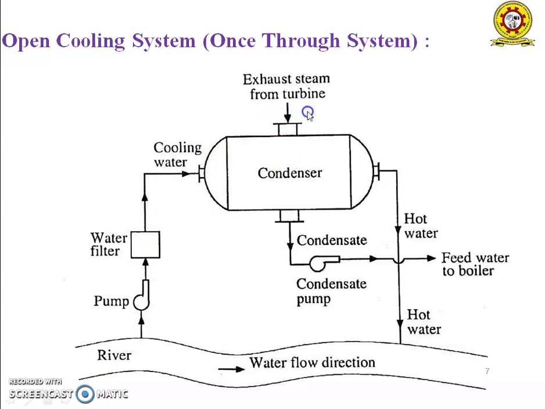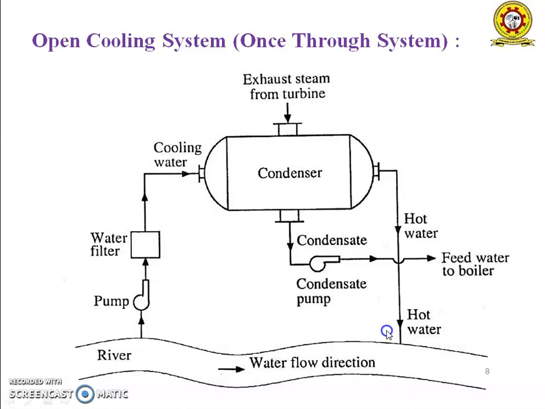The steam temperature reduces and it is converted into water, and the cooling water temperature increases and it is converted into hot water. The steam gets cooled and the condensate is collected in the condensing pipe and sent into the boiler feed water. The hot water is again recycled to the river.